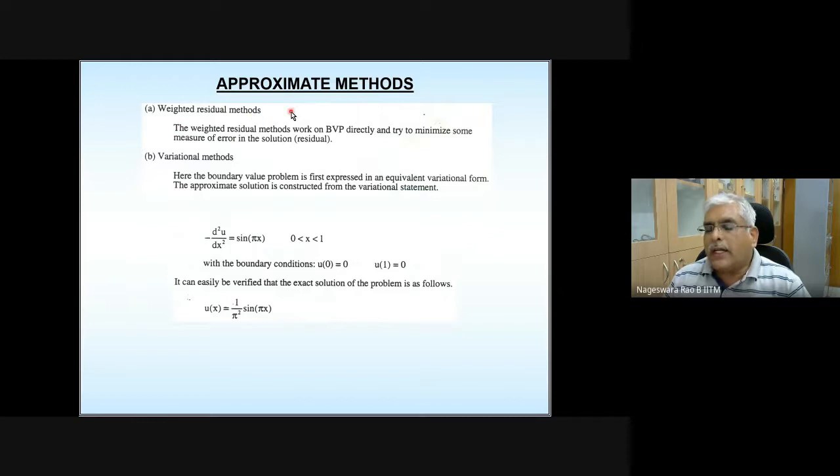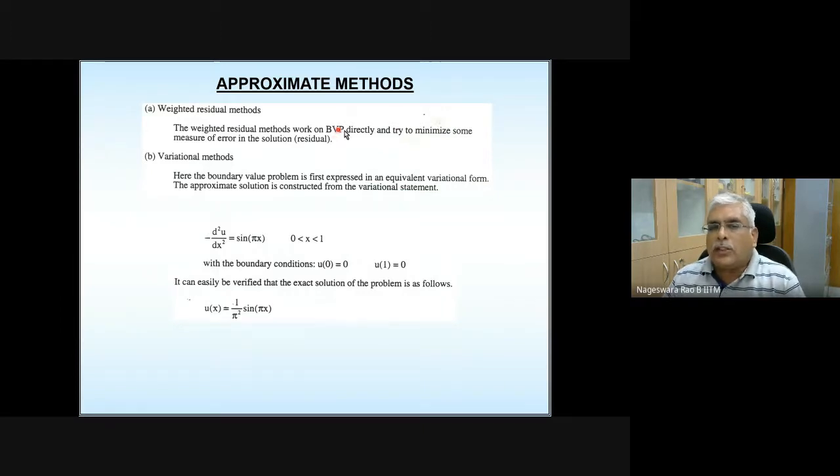What are these weighted residual methods? That is briefly given here. But once we go through a problem and come back to this point, you will appreciate it better. Okay. Please take a note of it. Approximate methods. Under that, weighted residual methods and variational methods. Approximate methods can be broadly classified into weighted residual methods and variational methods.